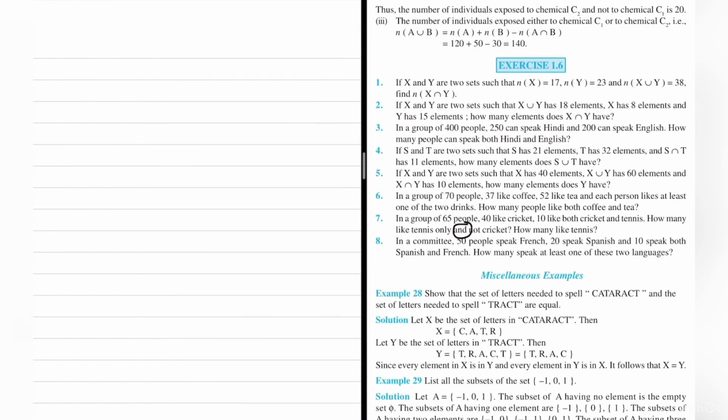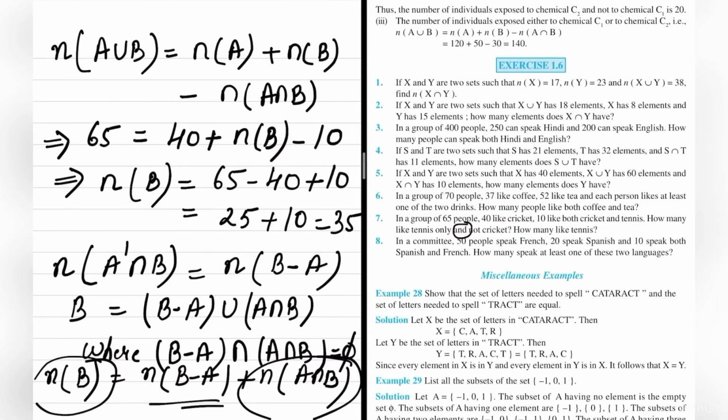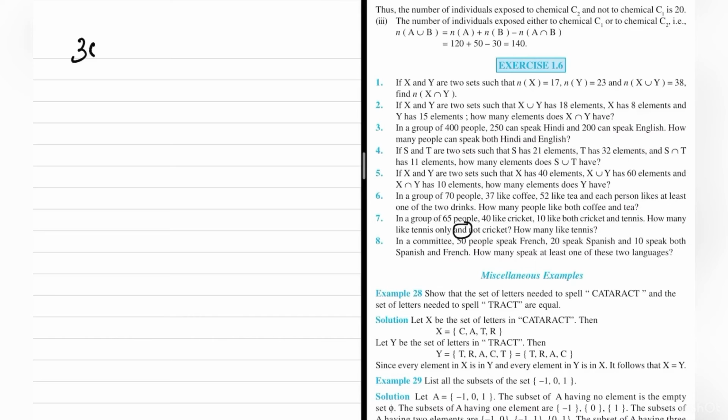So what we have is n of B was 35. So 35 is equal to n of B minus A plus 10.